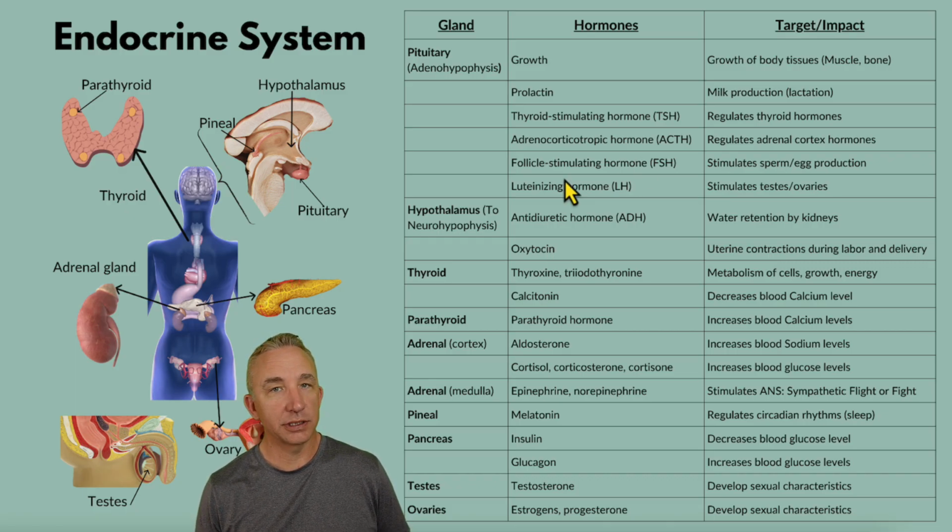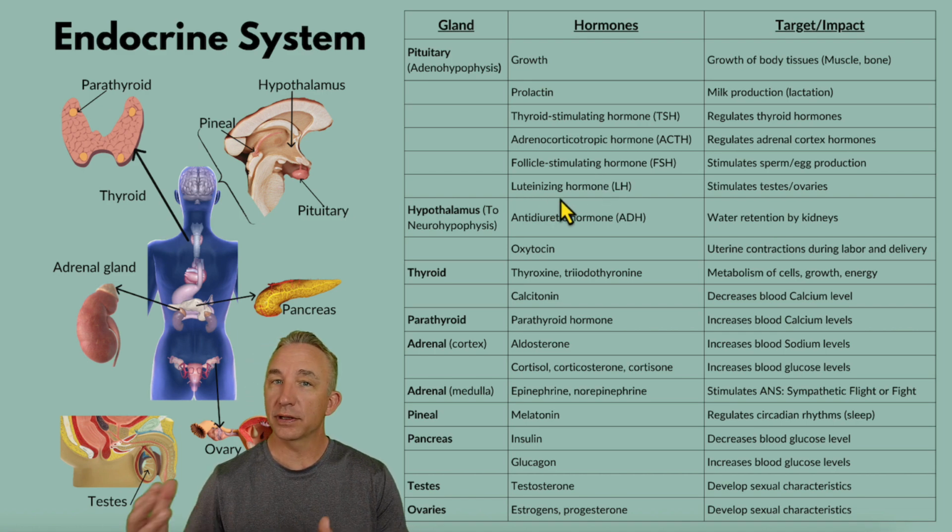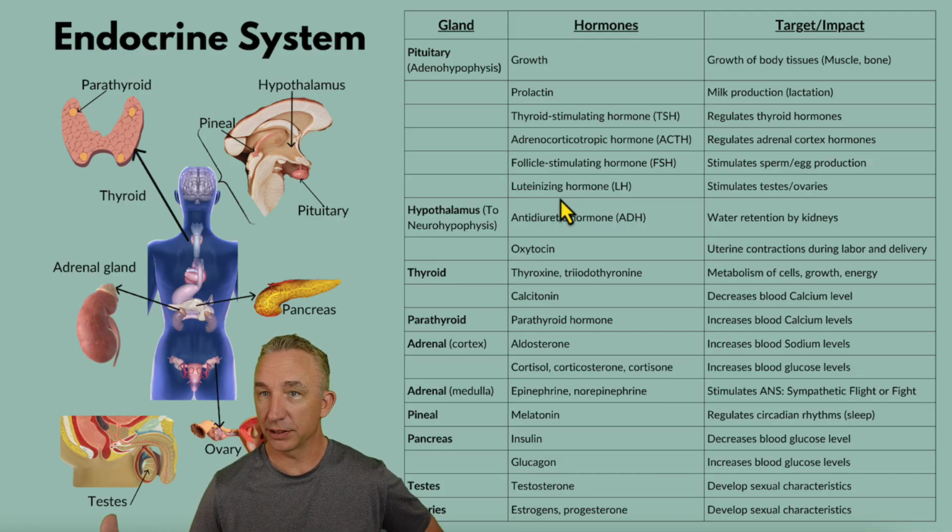So follicle stimulating hormone, we offer that as FSH, and luteinizing hormone is LH. Primarily referring to the uterine cycle or the menstrual cycle of females, where the ovaries develop the follicles, and luteinizing prepares the corpus luteum for the uterus for implantation, as if fertilization is going to occur on a monthly basis.